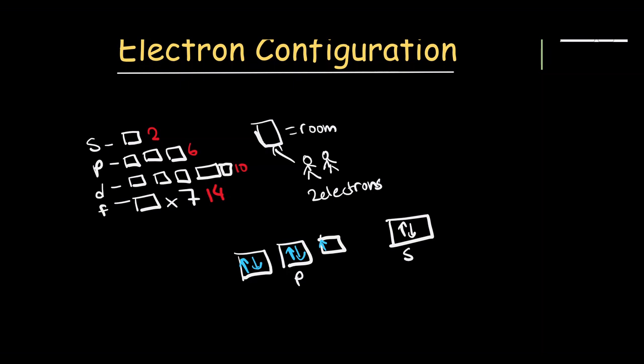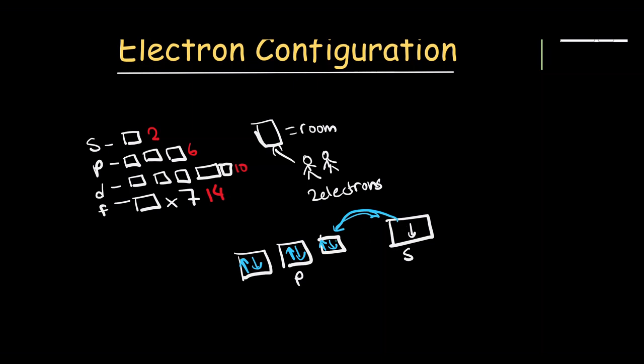See, we have 1, 2, 3, 4, 5. And we need one more, right? Because it becomes more stable. Now, what happens in chemistry? In chemistry, there are always these kinds of exceptions that you have to take note of. What happens is that this p orbital is going to say, yo, s, come over here. And that's what happens. So one of these s electrons goes here. And then this one becomes just 1.